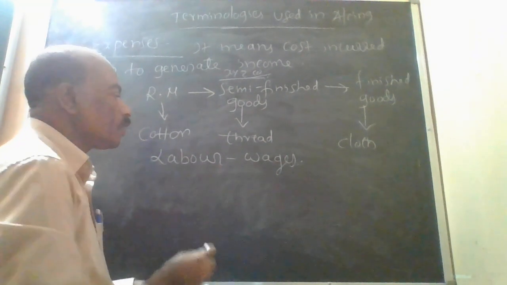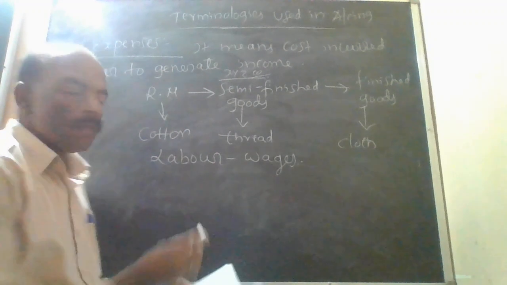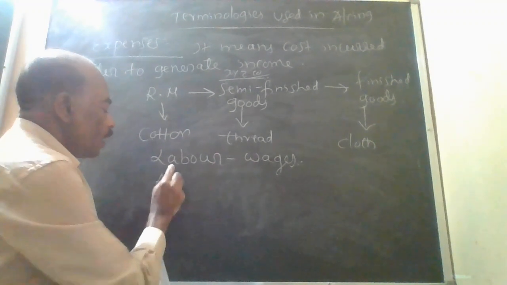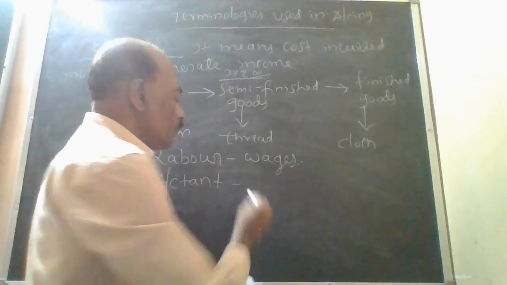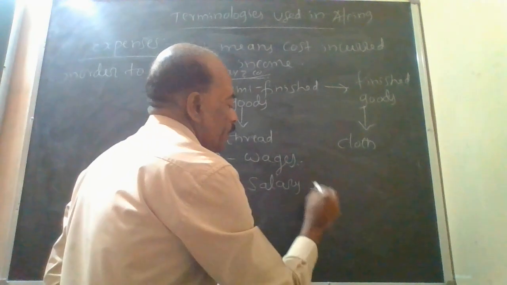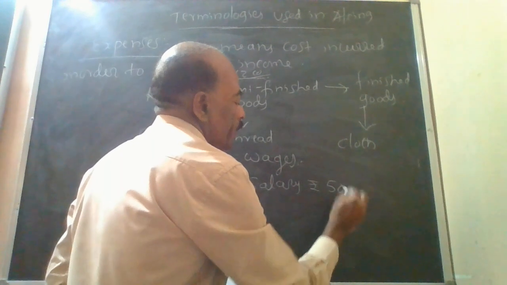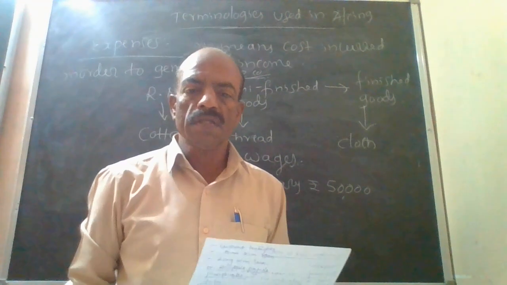After that, we have to maintain the books of account of all the workers. For that, we have to appoint an accountant. For them, we have to pay salary like rupees 5,000 or 50,000, for a junior accountant or senior accountant.